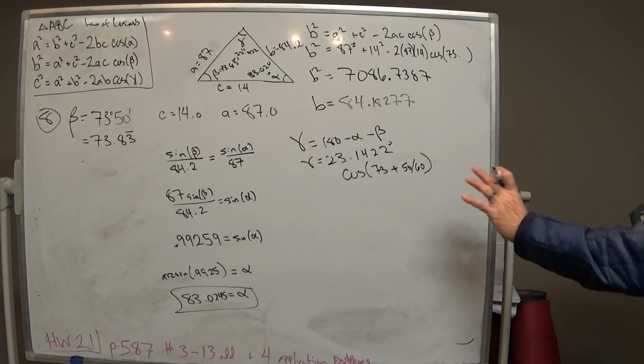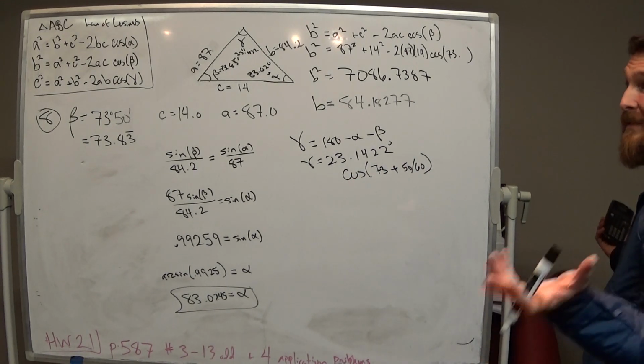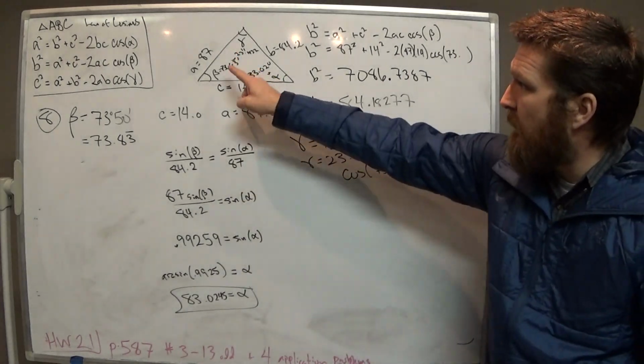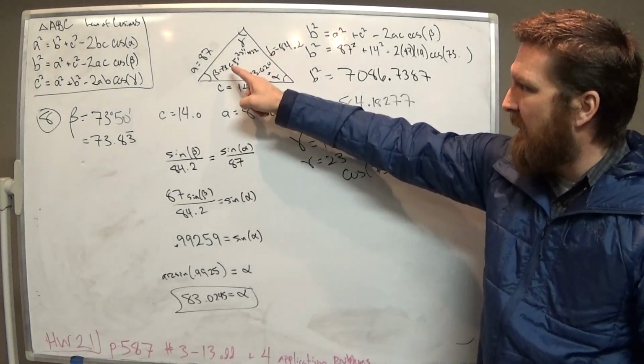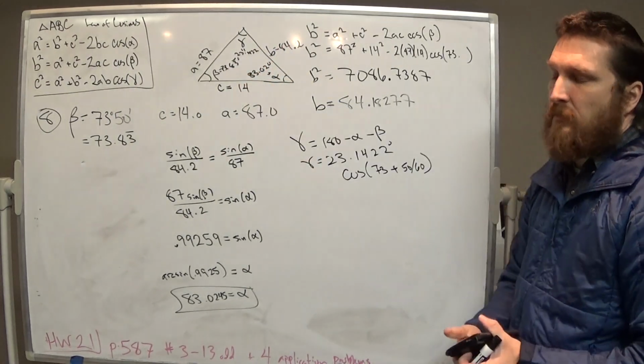Okay, this is what we've got to check, because maybe I did it wrong last night. Let's find out. Since we were given this one and we derived this one, I'm going to use the law of sines and just see what it tells me.